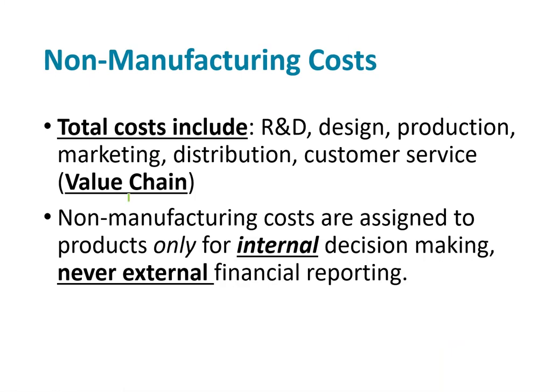Non-manufacturing costs, remember the value chain. These are all the other costs that are not part of the production. So the total cost will include the production cost, but when they talk about total costs, they're talking about value chain costs. Non-manufacturing costs are assigned to products only for internal decision-making, never external.